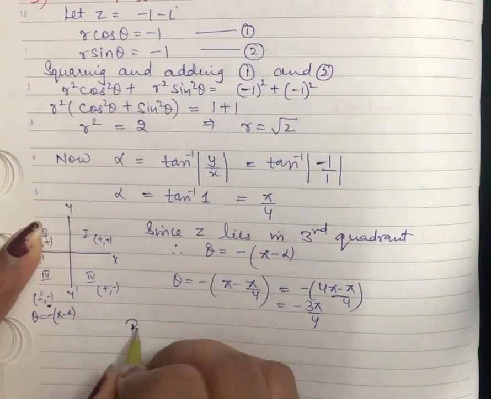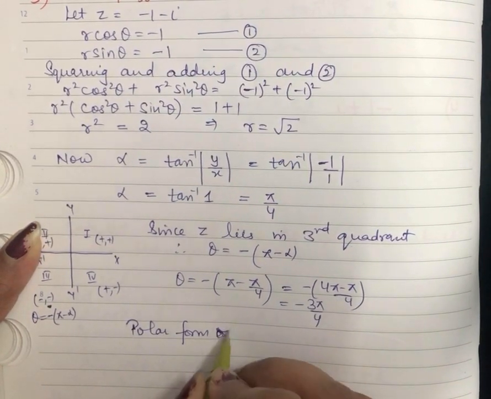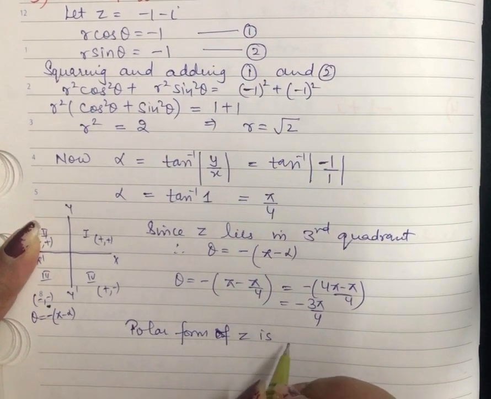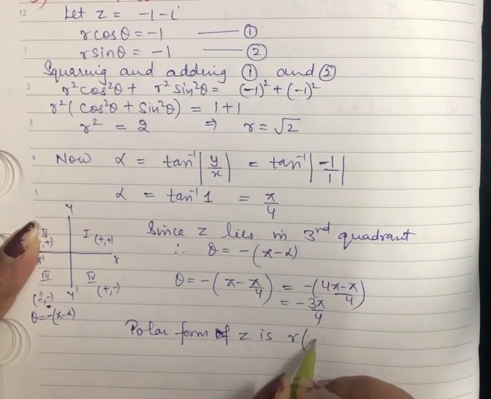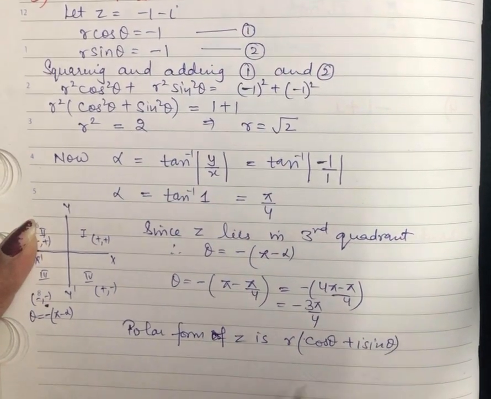So the polar form of z is r (cos theta plus iota sin theta). This is the polar form.